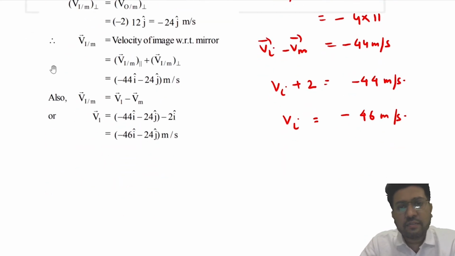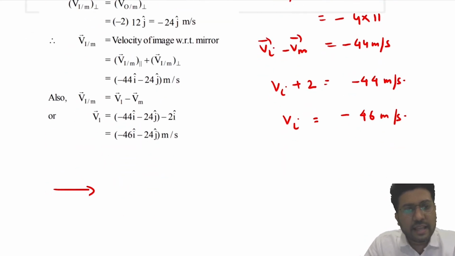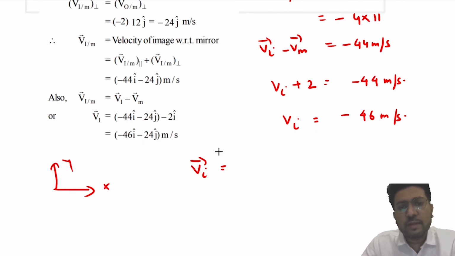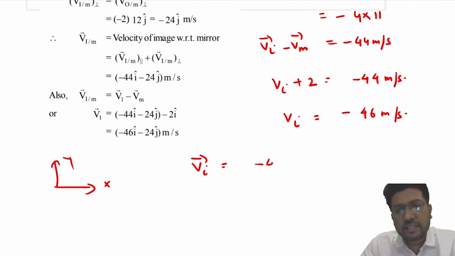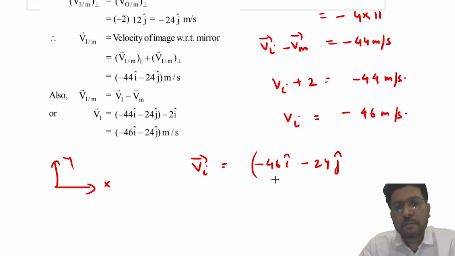If this is the x-axis and this is the y-axis, then the final velocity of the image will be minus 46 i cap along the x-axis, and along the y-axis it is again negative, minus 24 j cap meter per second. So this is the velocity.